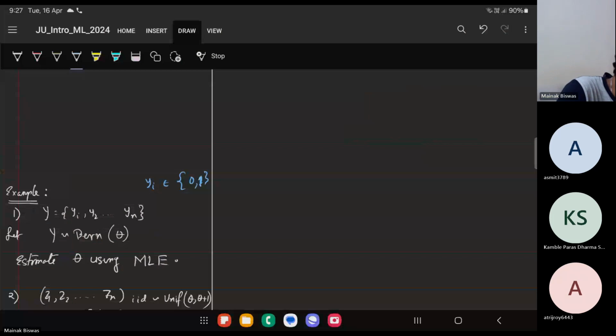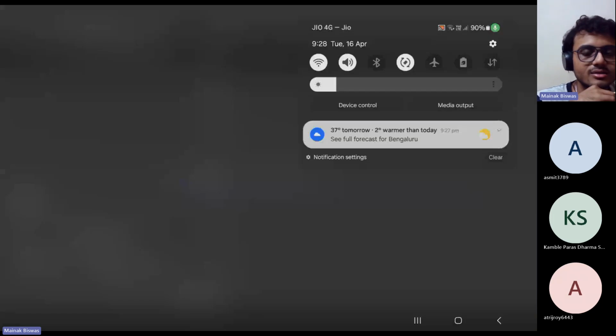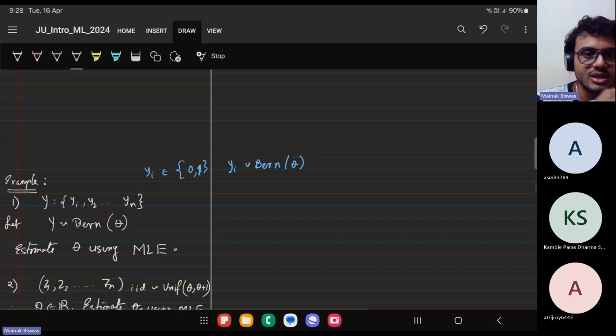I am saying that this yi are distributed as Bernoulli theta. Can I write this way? In statistics, I used to write y given Bernoulli theta in this form, right?